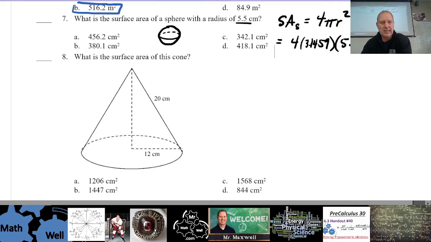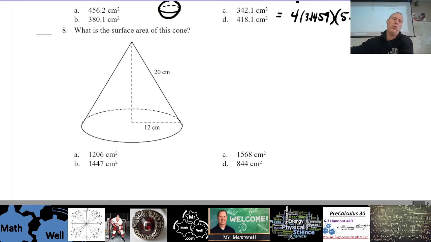Number 8, surface area for a cone. If we're going to add the bottom too, we know that the bottom is a circle, so that's pi r squared. Who remembers or has written down the formula for the lateral part?